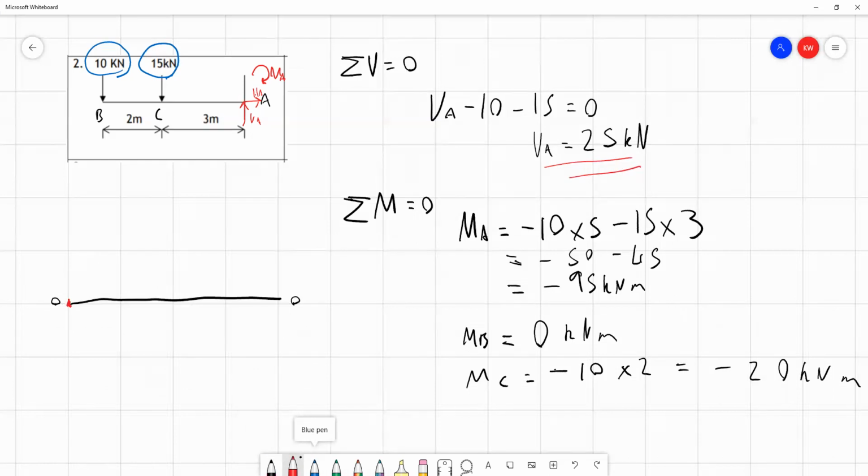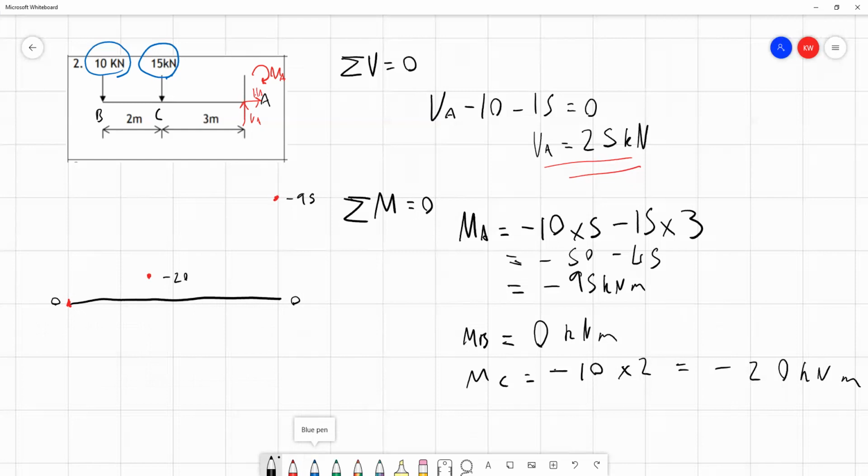At point C, we've got a bending moment of minus 20. Remember, negative bending moment we plot above the line. So we'll call this negative 20 at point C. And then we calculate the bending moment of negative 95 at point A, where the support is. So I'll mark these at minus 20, minus 95.